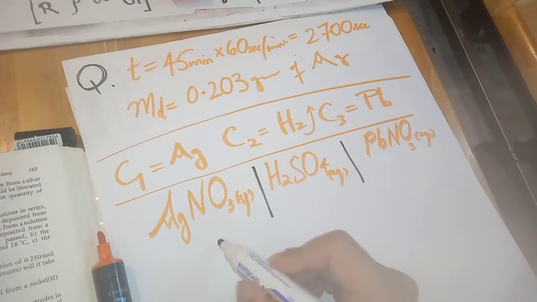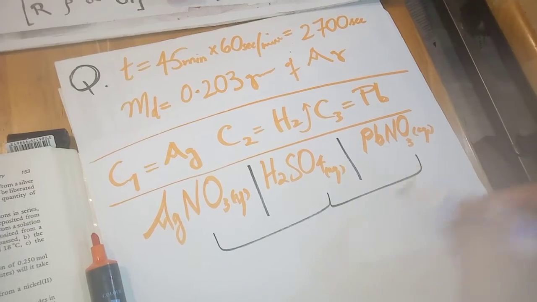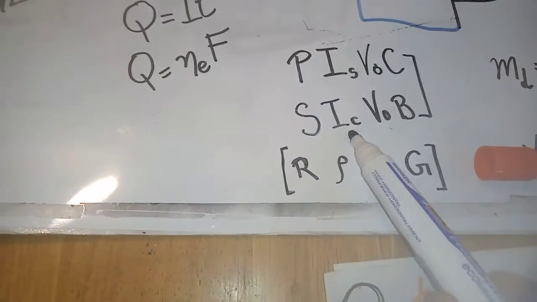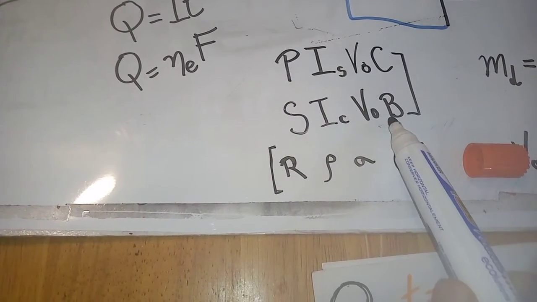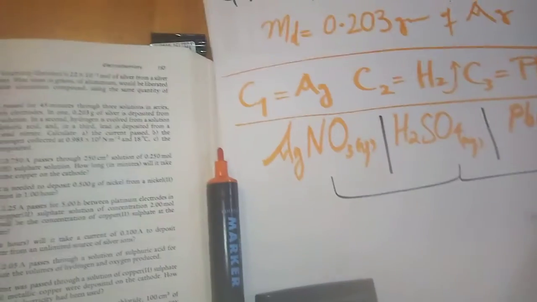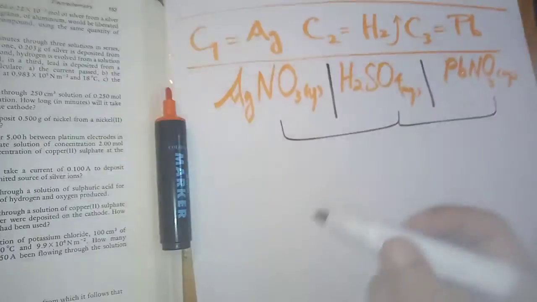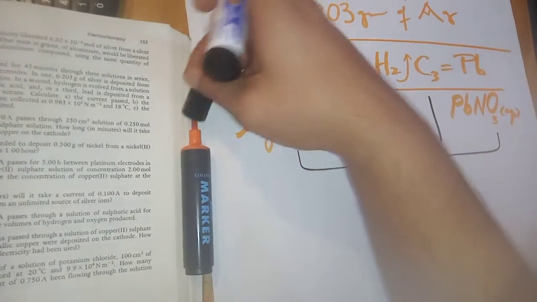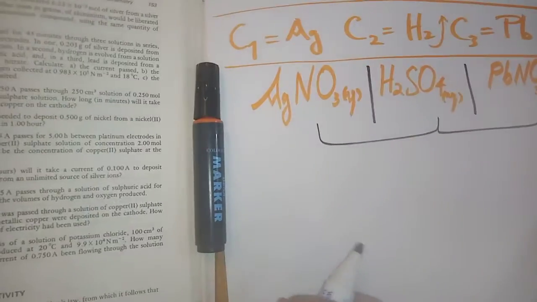So this is in series, which means current remains constant, but the voltage breaks every single time. So one calculation of current shall suffice.